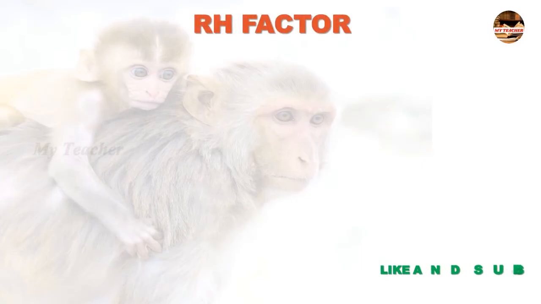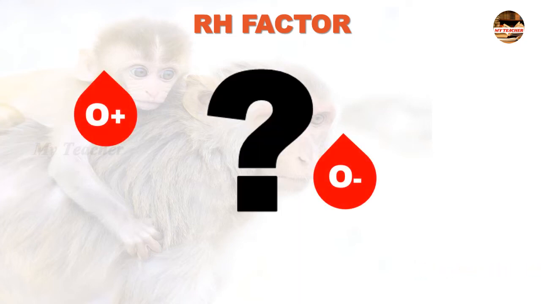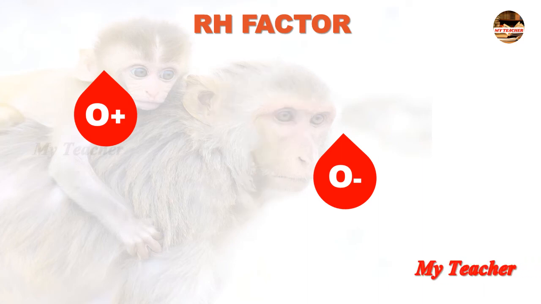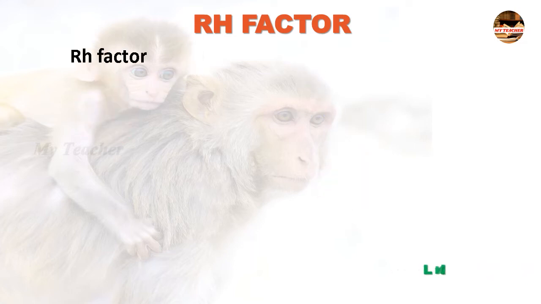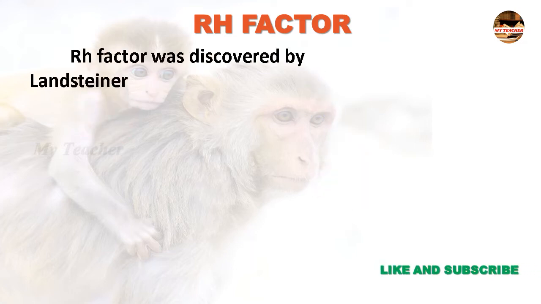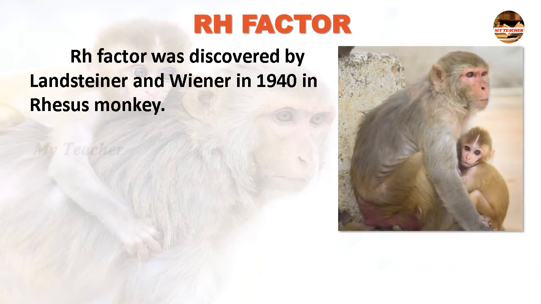RH factor. While telling the blood groups, you may have heard O positive or O negative. From where did this positive and negative come? It is based on the presence or absence of the RH factor. RH factor was discovered by Landsteiner and Weiner in 1940 in the rhesus monkey.